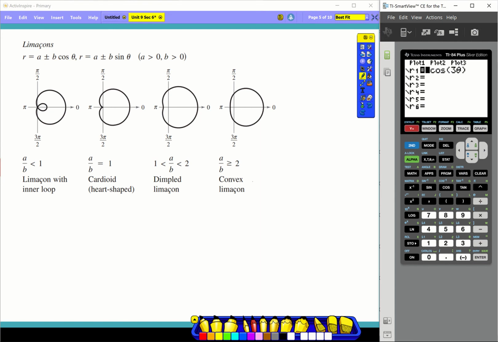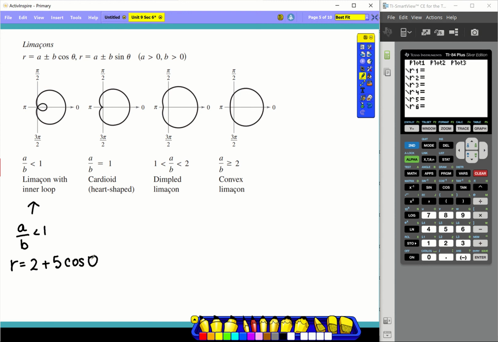So let's see, if I just want to make one of these up. If I need something with an inner loop, my A divided by B has to be less than 1. So my B has to be greater than my A. So let's try r equals 2 plus, and then my B has to be greater than that, 2 plus 5 cosine theta.